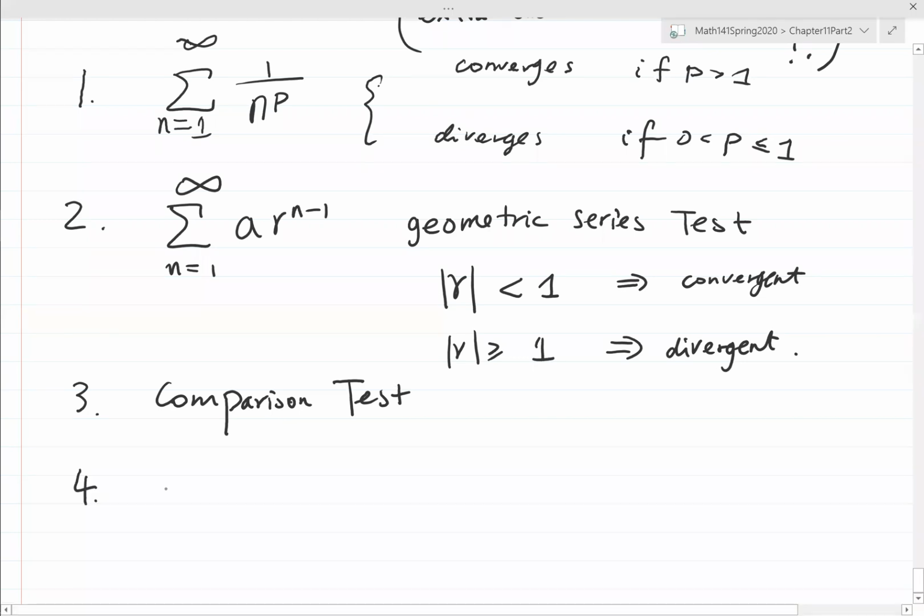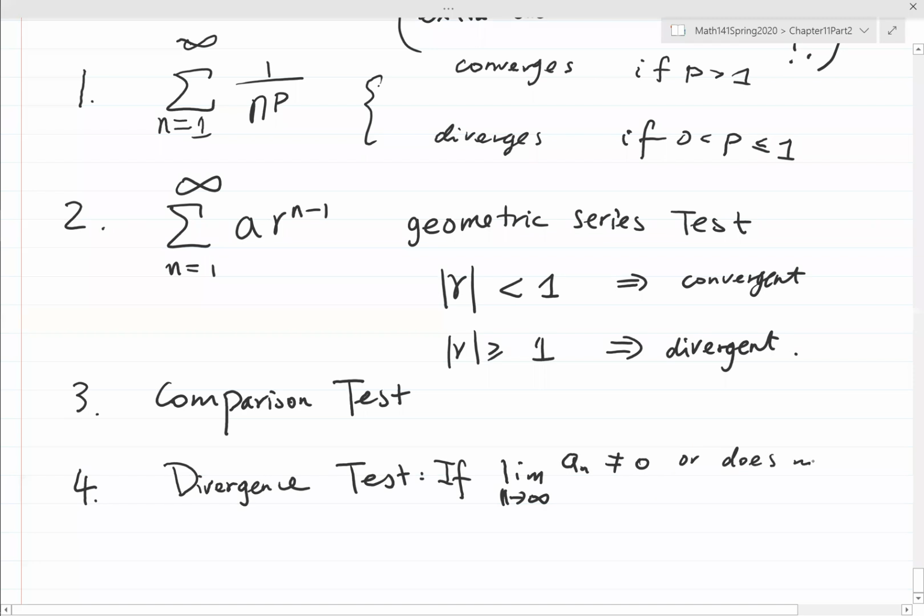Then we have the divergence test, which says if the limit of the general term an is non-zero or does not exist, then the conclusion is that the series diverges.